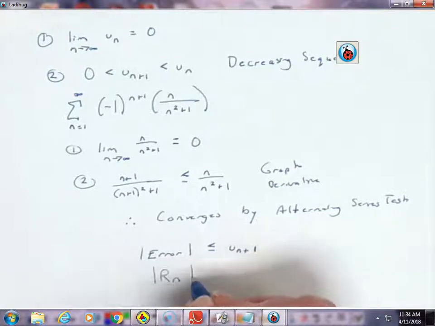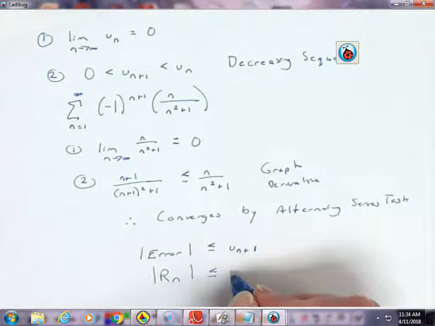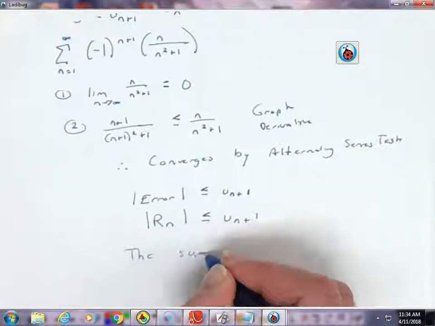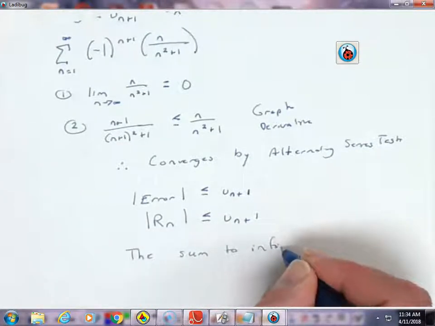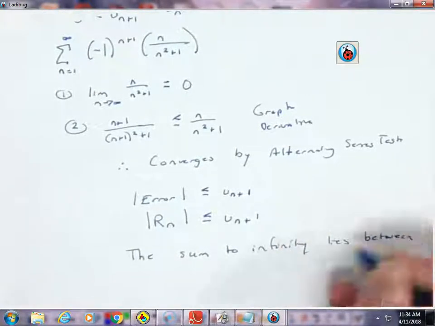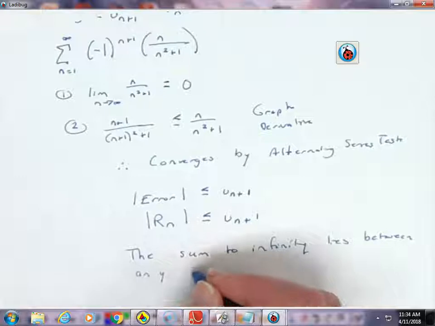So if it was the remainder for the first n terms sum, it is less than or equal to u sub n plus 1. Also, the sum to infinity lies between any two successive terms.